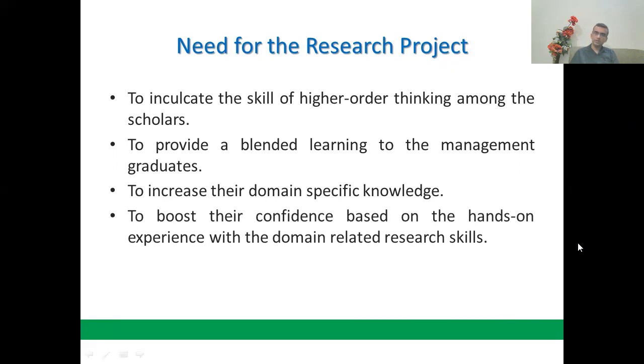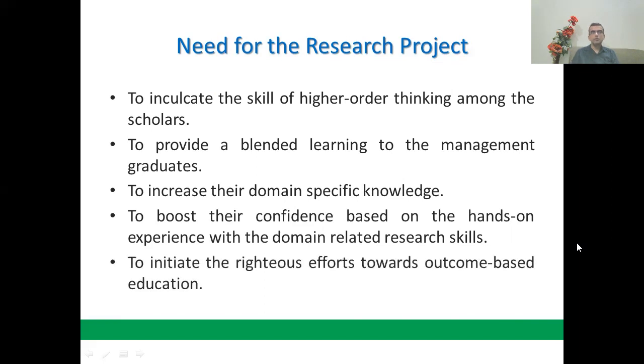So this is another need for conducting the research project. Then the research project also helps to maintain the goal of outcome based education, which is talked about a lot, and this project is one of the efforts in that direction. So this is the need for the research project, which I wanted to discuss.